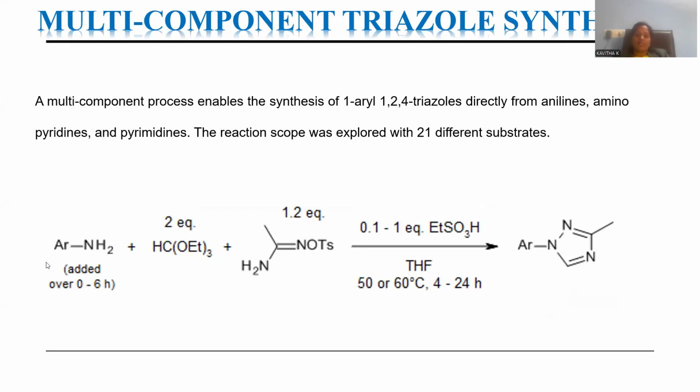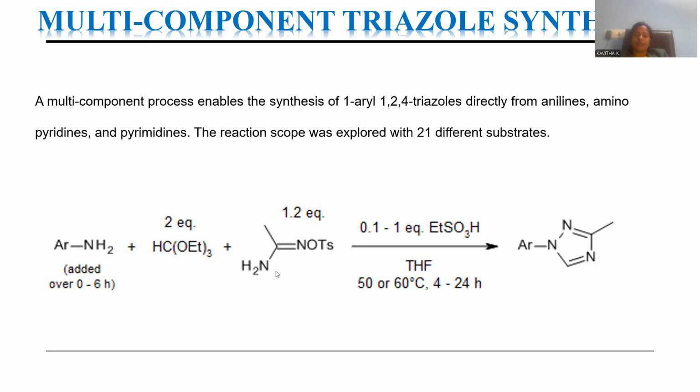Multi-component triazole synthesis is performed whenever aniline is treated with this active methylene compound, triethoxymethane, we can say. On the carbon atom, 3 ethoxy functionalities are located, and this CH group is present. And here we have this one said to be an oxime.